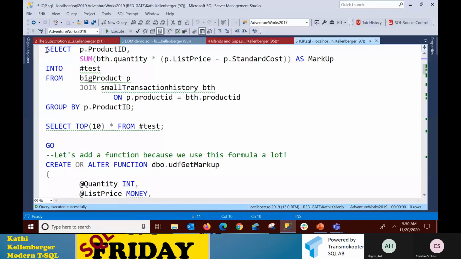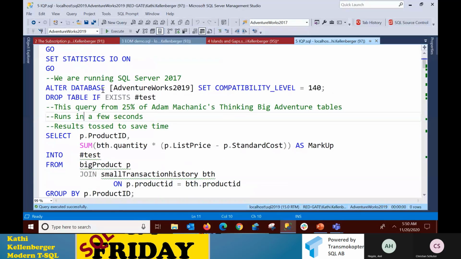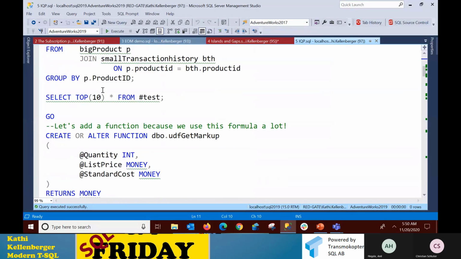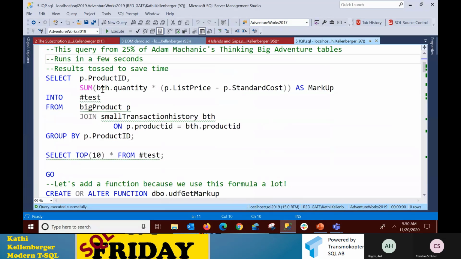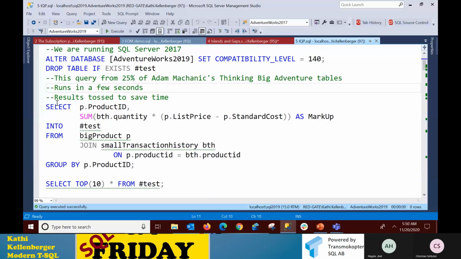And what am I doing here? I can't remember which one this is. I'll just follow the results here. Oh, this one is, so let's say that we've got a formula that we use quite a bit.